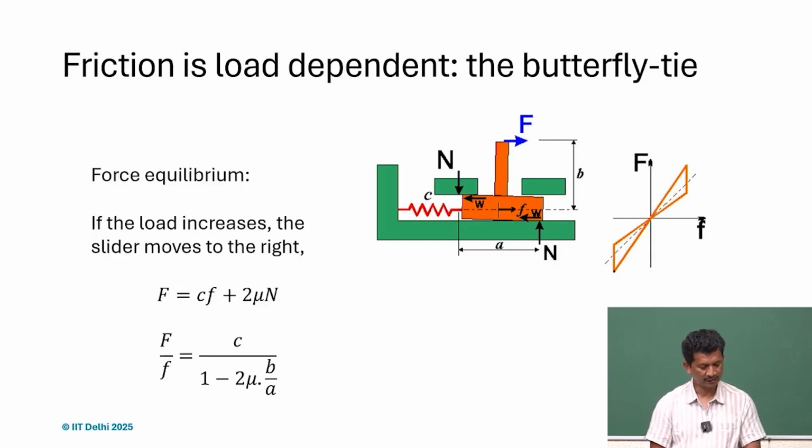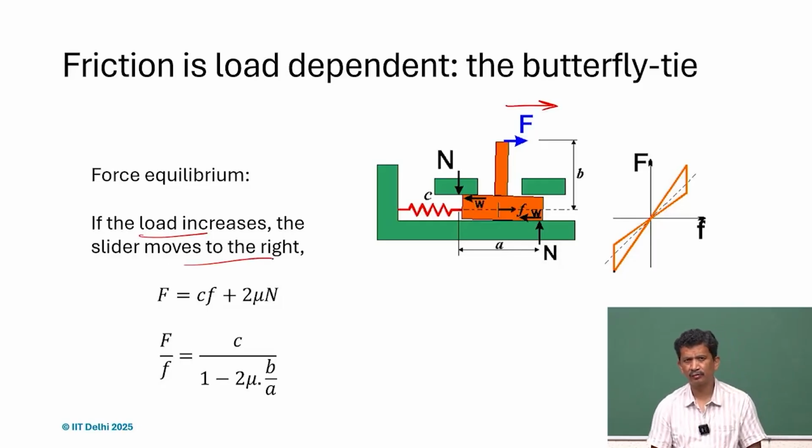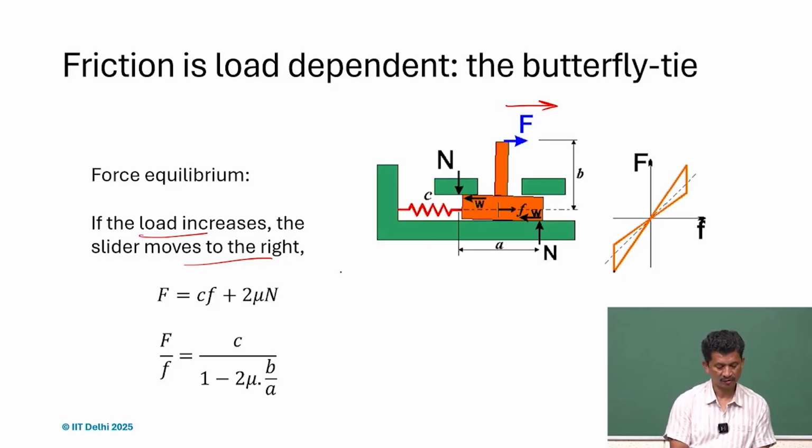Now let's try to balance. As the load increases, the slider may start to move towards the right. Why I am saying may, I will come to that. But assuming it starts moving towards the right, what is the equilibrium condition? If we write the forces, F is equal to the deflection, the spring deflection.